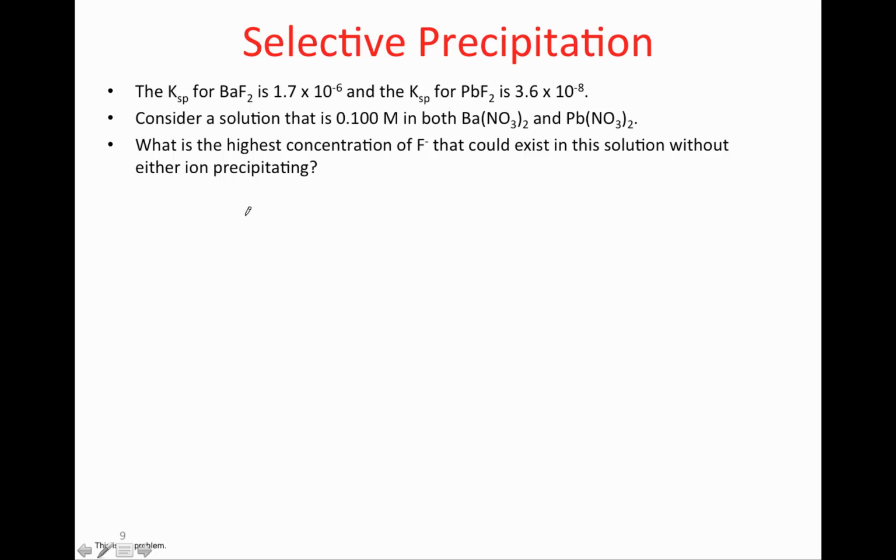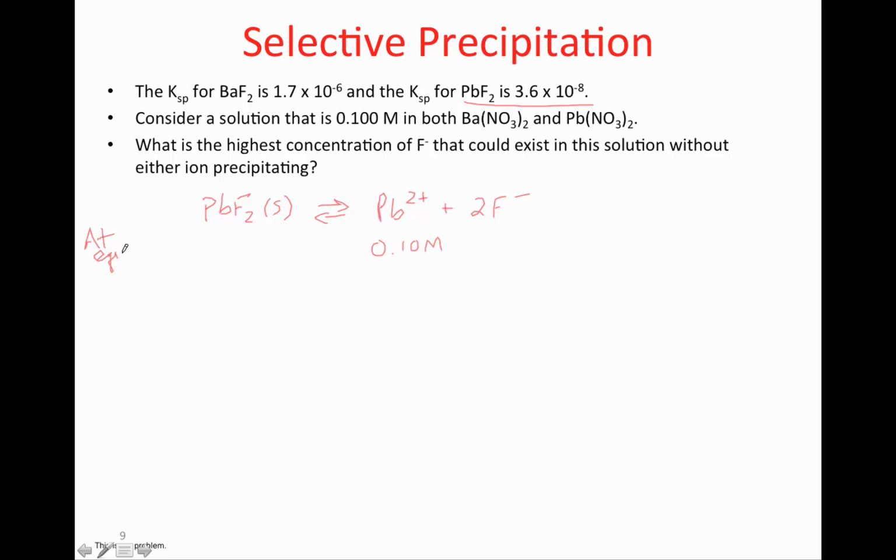And I think I should actually prove this to you, so let's just consider this equilibrium right here. We've got PbF2, and I've got Pb2+ and 2F-, and I'm going to say this is my concentration of 0.1 molar, and I'm going to say that I'm at equilibrium.